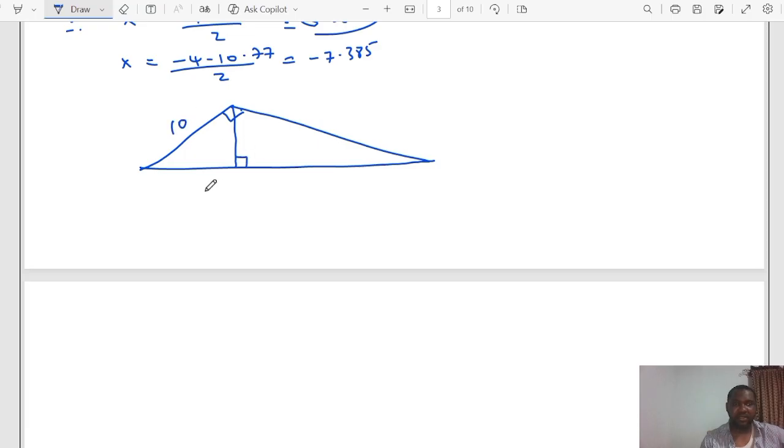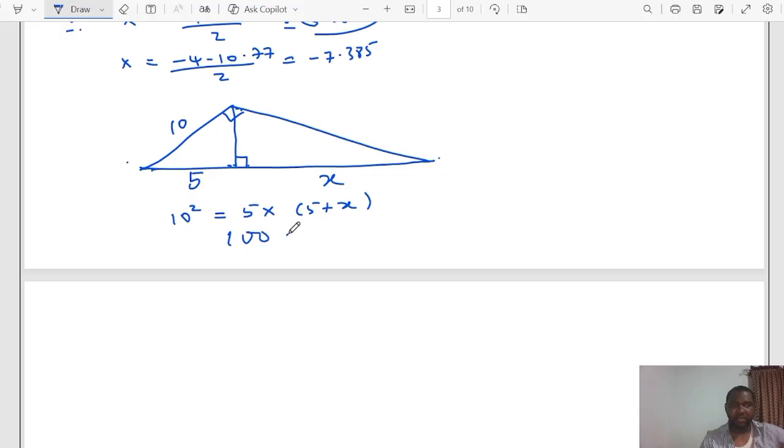Let's say this is 10, and let's say this is 5, and here is x, and we're asked to find x. It's the same thing. The square of 10 squared is equal to 5, that's for this side adjacent to it, times the whole side, which is 5 plus x.